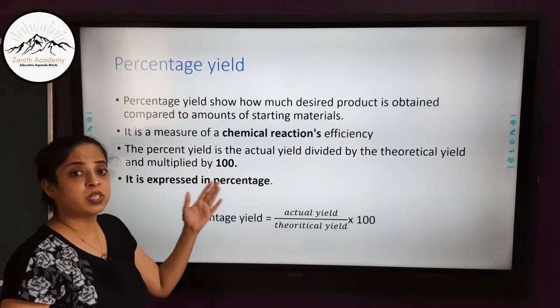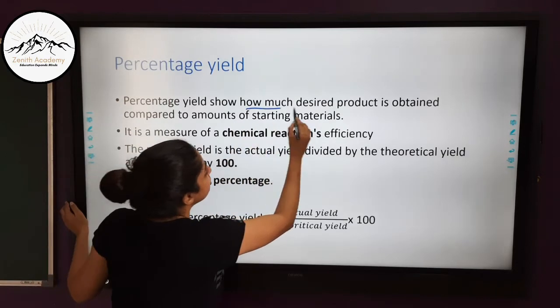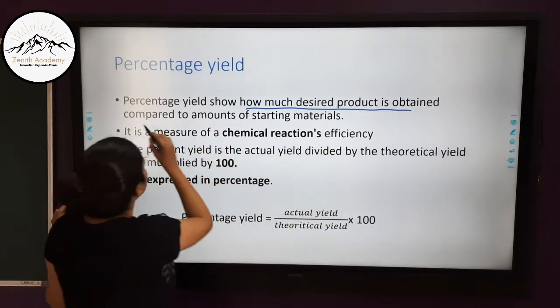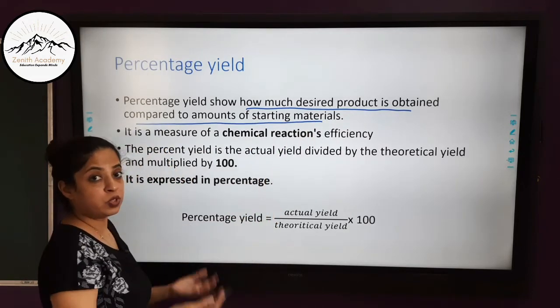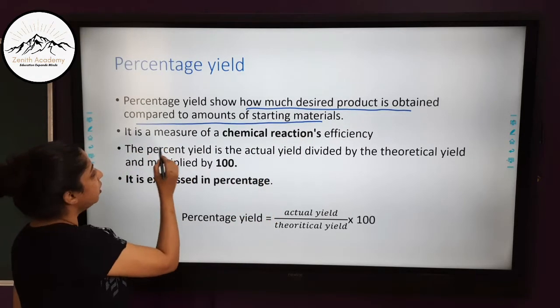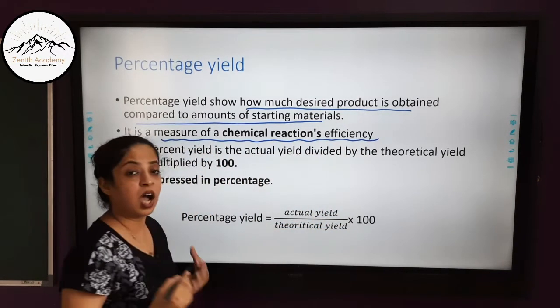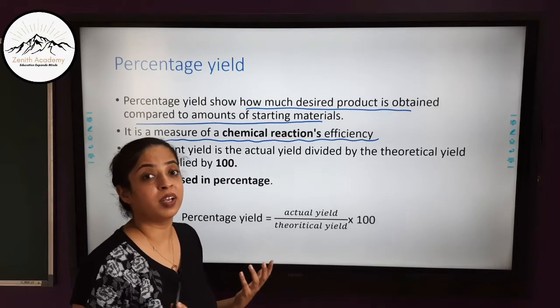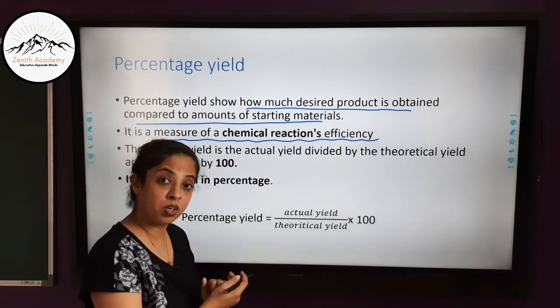Now what is percentage yield? Percentage yield shows how much desired product is obtained compared to the amount of the starting material. It is a measure of a chemical reaction's efficiency, that is, how efficient your reaction is, whether most of the reactant is getting converted into product or not.